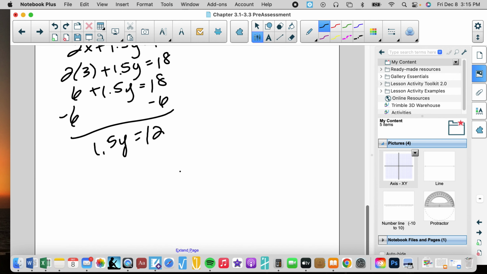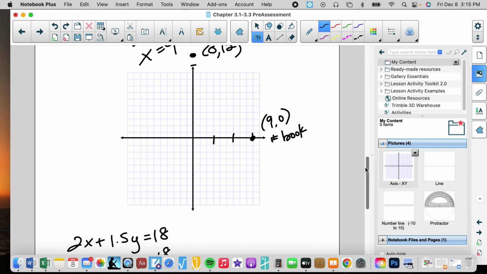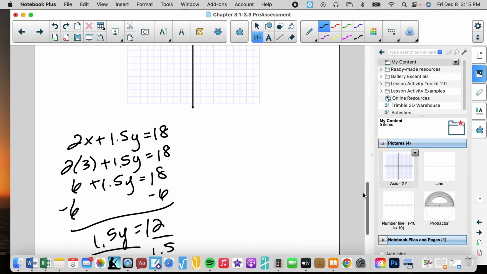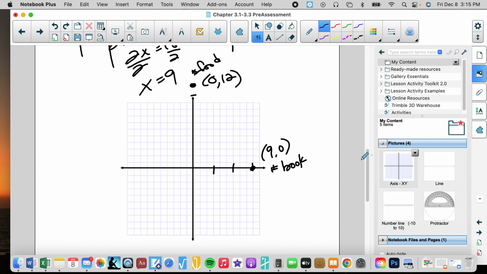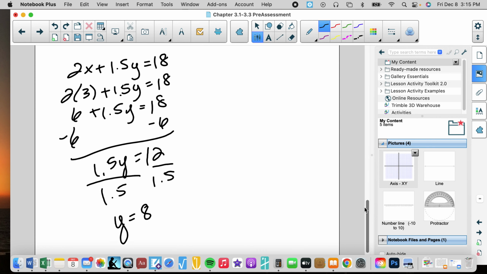Divide by 1.5. Y equals 8. Sorry, that's 8, not 9. So where's my graph? 3 is going to be 8. Better. I hope it's better.